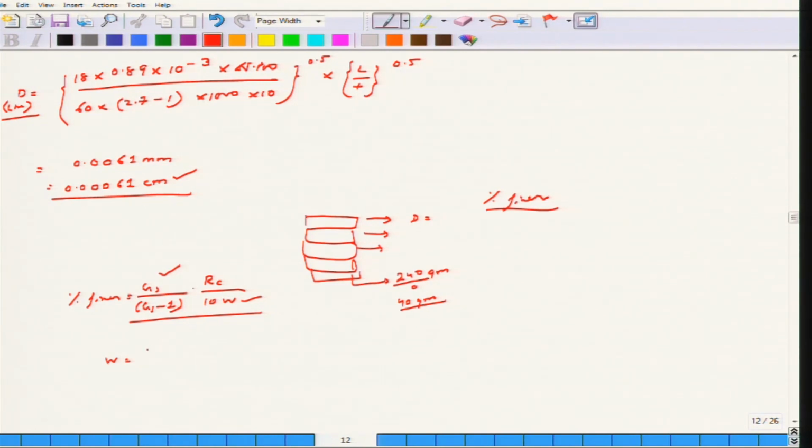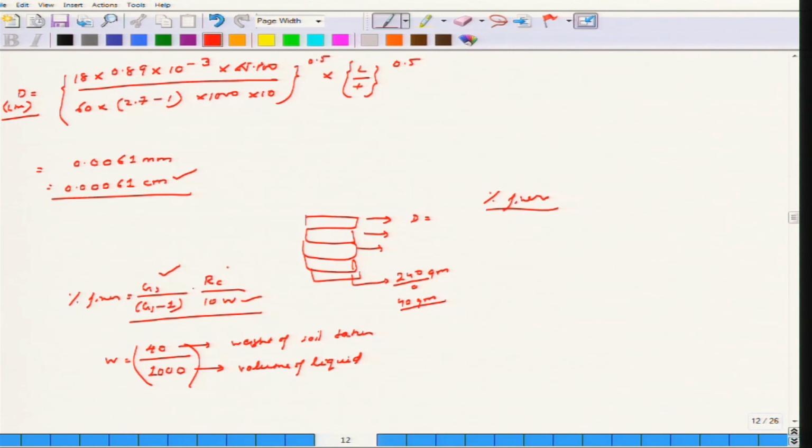So this W would be equivalent to 40 by 1000. 40 is the weight of soil taken, while 1000 is the volume of liquid. This is to be kept in mind.